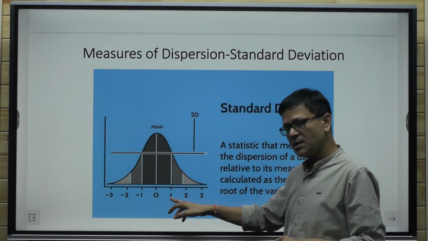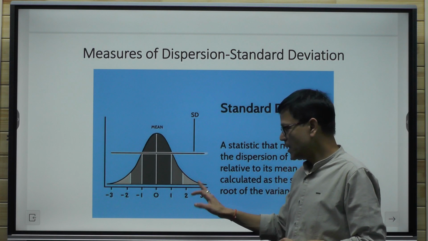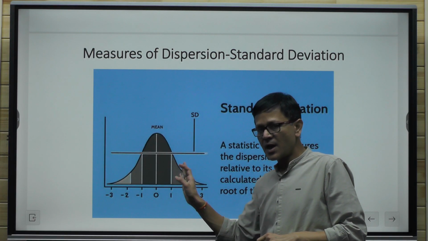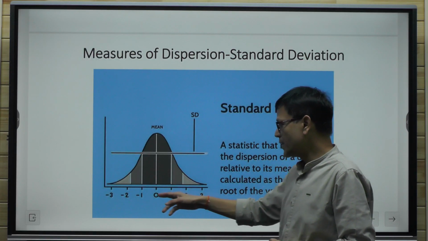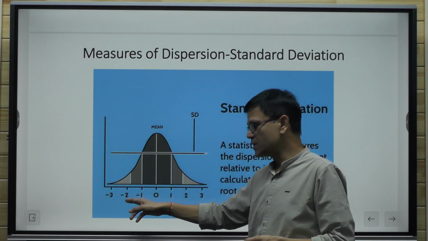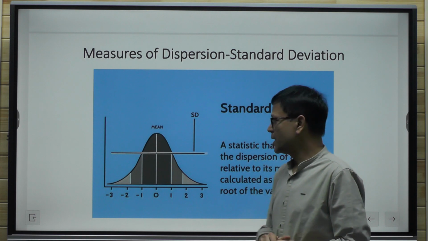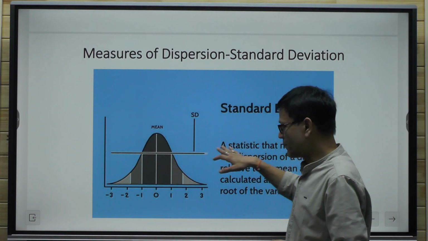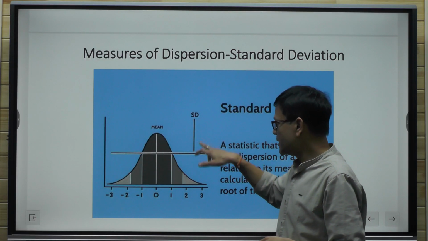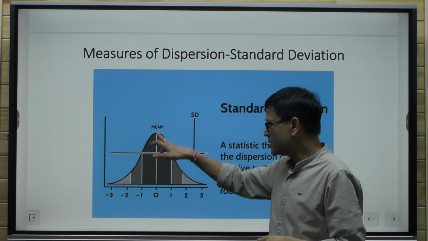So this is 1 SD, 2 SD, 3 SD. And similarly, we can deviate away from the mean on the negative side also. So we have -1 SD, -2 SD, and -3 SD. So this line gives you the perfect way to see that this represents the SD and this is the mean.